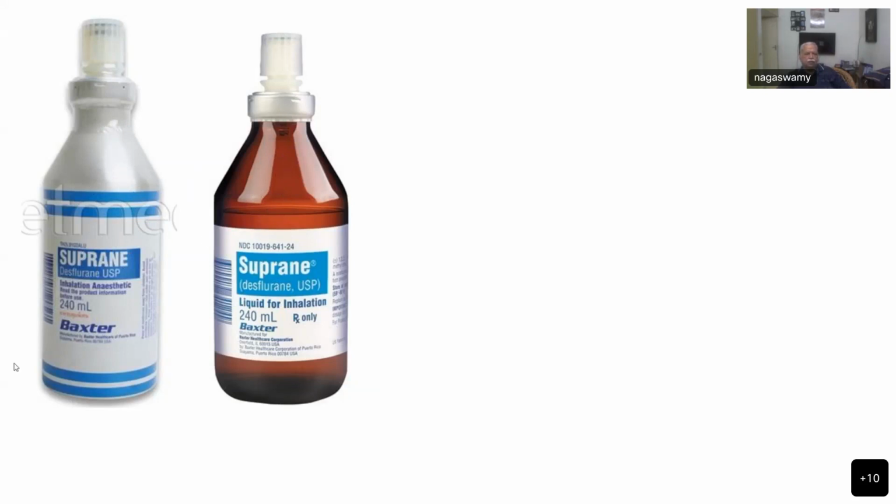The original desflurane bottles were presented only in a regular conventional bottle with a plastic coating, so that even if the bottle is dropped or damaged, there is no explosion because of the plastic cover. That is what you have to remember.